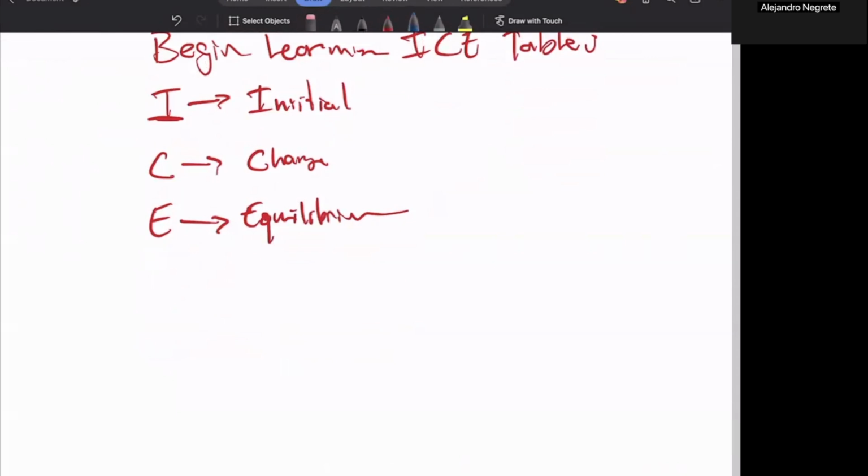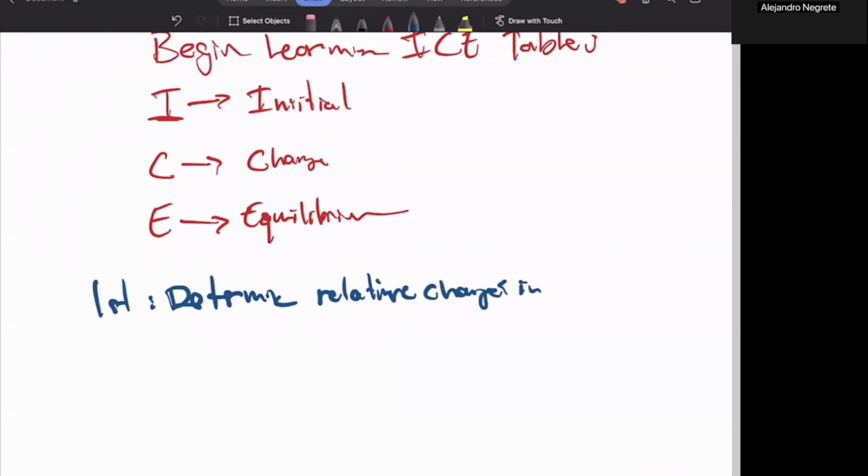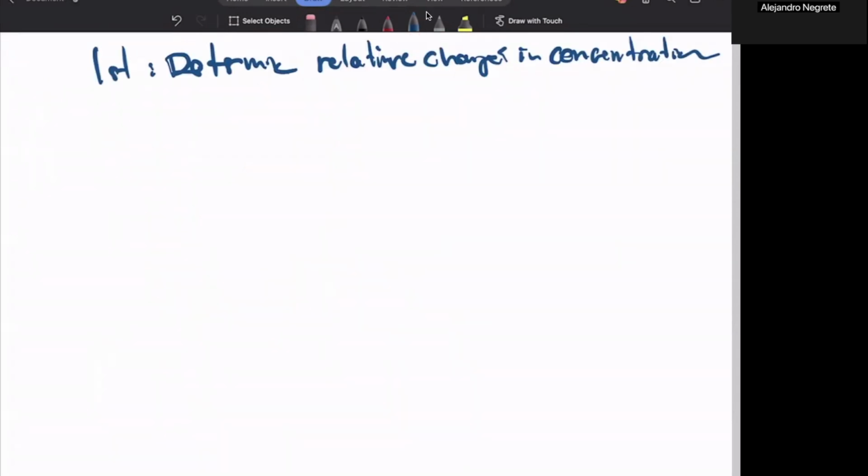So the first thing we do is we need to determine relative changes. Let's take a look at some reactions.